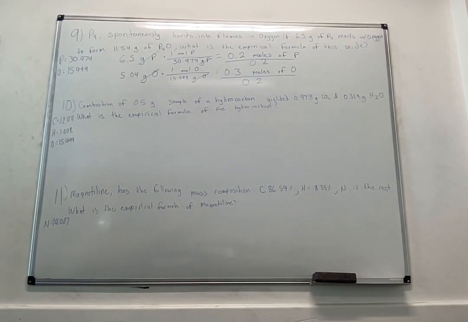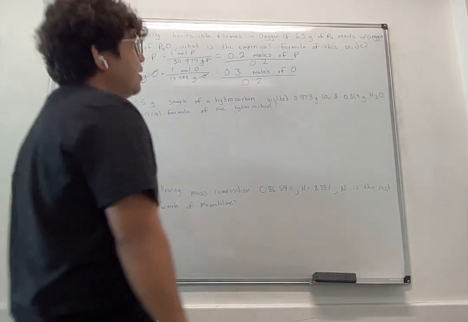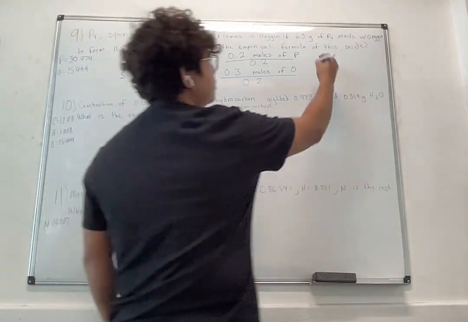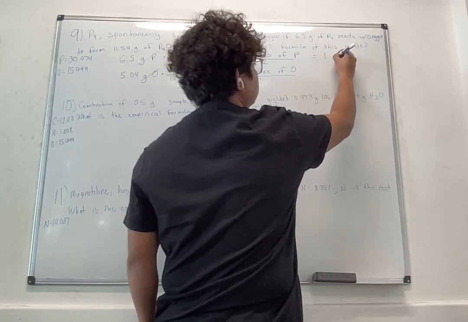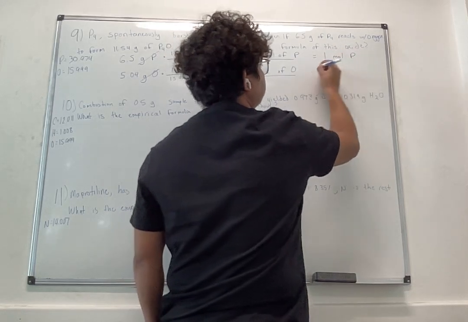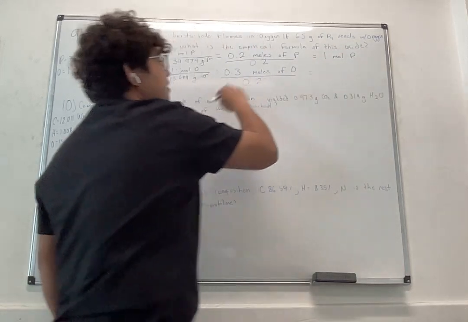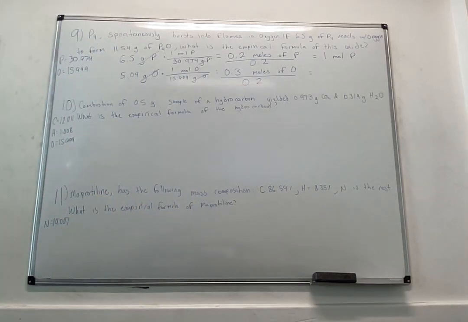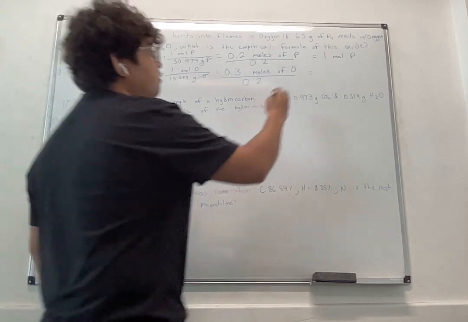We're going to get the ratios of moles between phosphorus and oxygen. So 0.2 over 0.2 just gives us 1 mole of phosphorus. And then 0.3 moles of oxygen over 0.2 gives us 3 over 2.